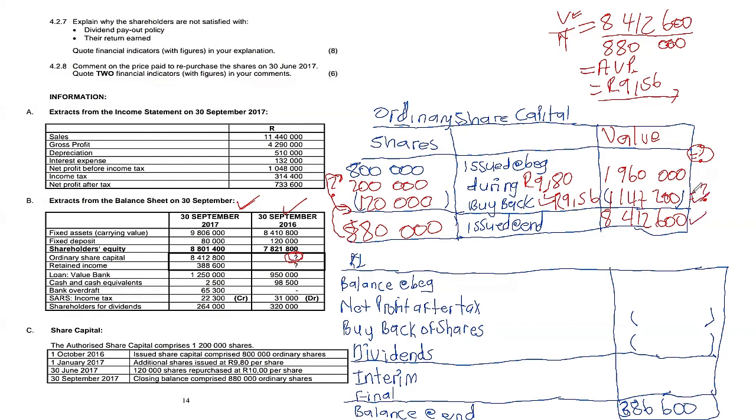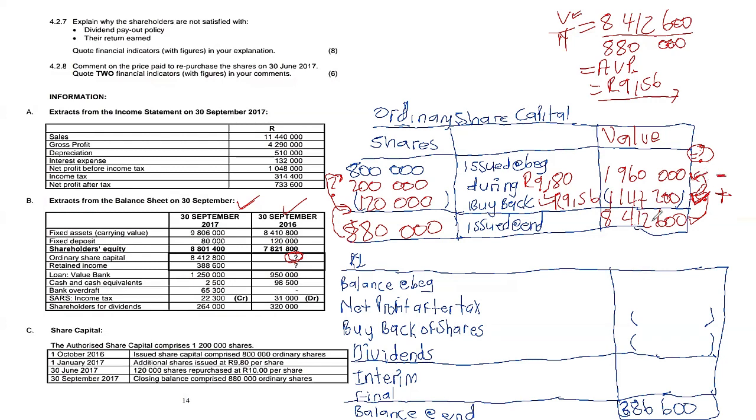So now we have our balance at the end sorted. Then we have an amount of shares bought back. You also have additional shares issued during the year. So now our balancing figure is the balance at the beginning. What you do on your left hand side, you do also on your right hand side. So you take your balance at the end, add the amount of shares bought back, and subtract the shares issued during the year.